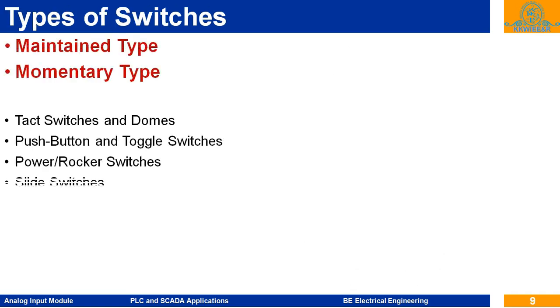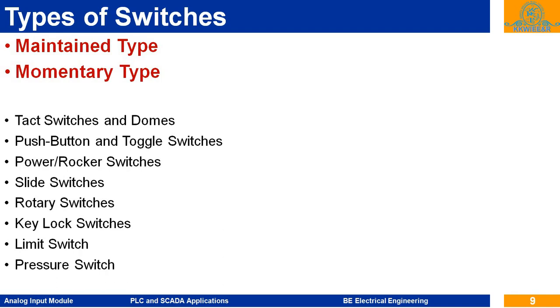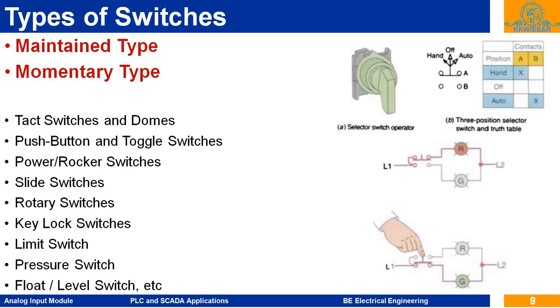Now we discuss the control input devices, the control discrete devices. There are two types of these switches: one is called maintain type and the other momentary type.